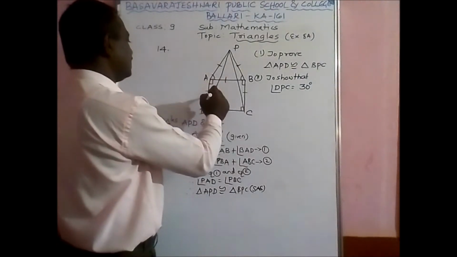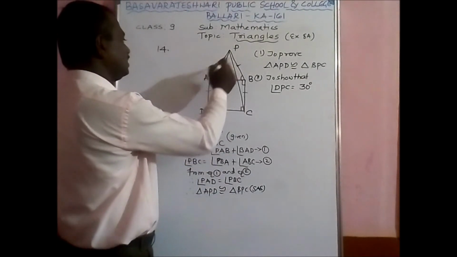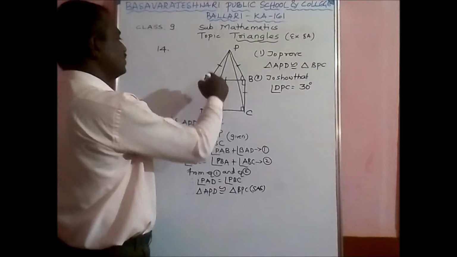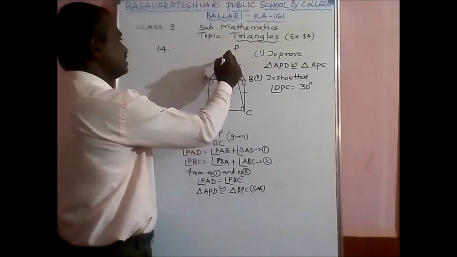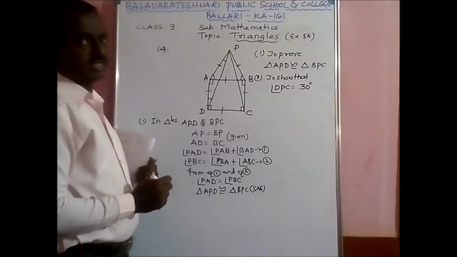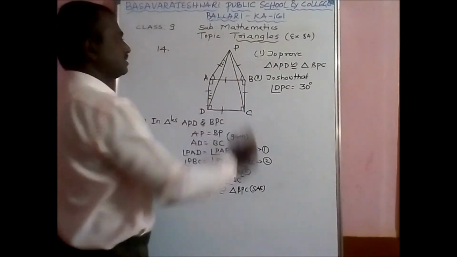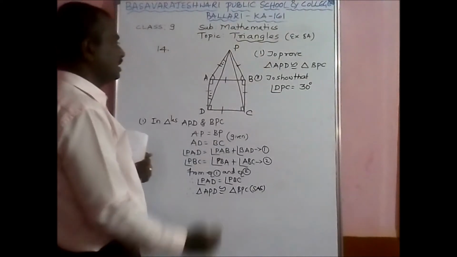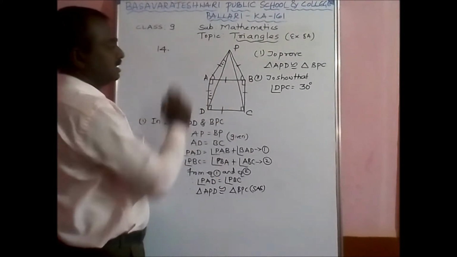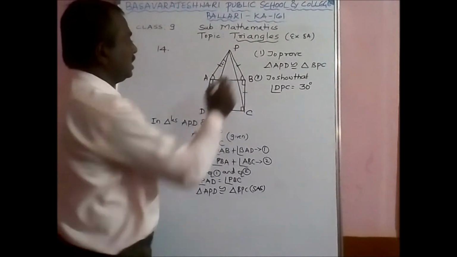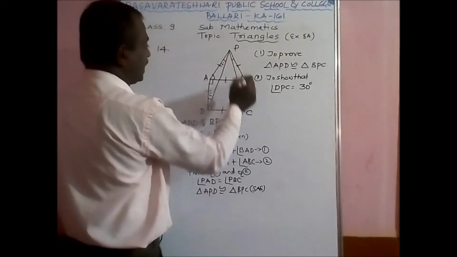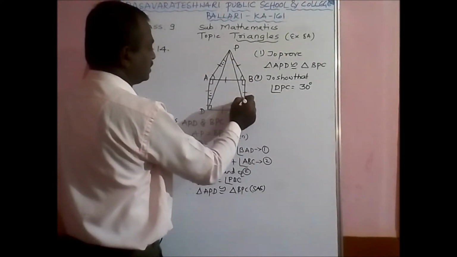In triangle APD, two sides are equal, therefore two angles are also equal. It is an isosceles triangle. So we can say this is X, this is also X. This we know, 90 plus 60. Next, in triangle PBC, two angles are also equal.